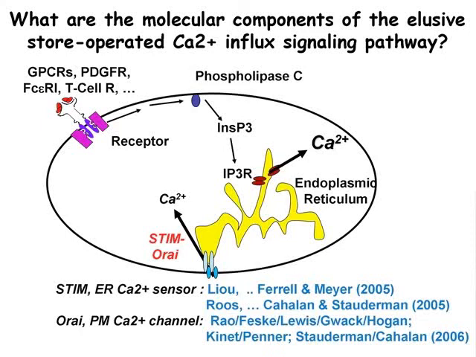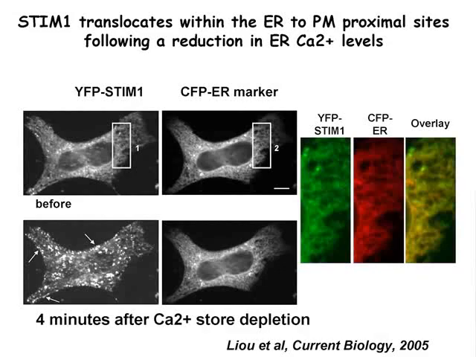But I want to focus on what I think is one of the more interesting regulatory proteins that I have encountered yet in cells, this STIM protein, and how measuring movement in cells immediately told us how it might work. What we found is that when we expressed a YFP-tagged form of this STIM1 protein and knocked that down, it eliminated the store-operated calcium influx.